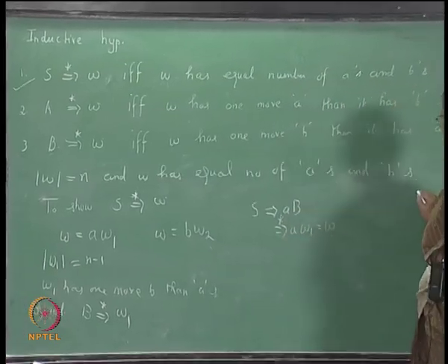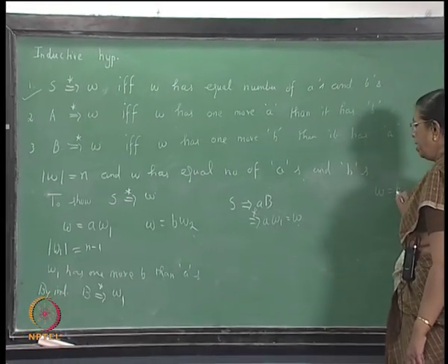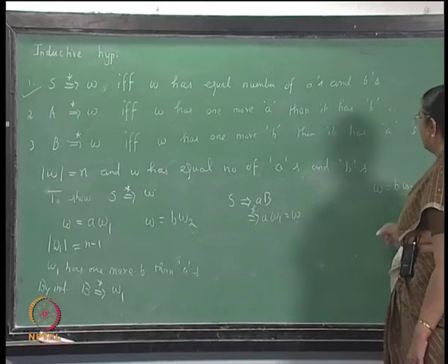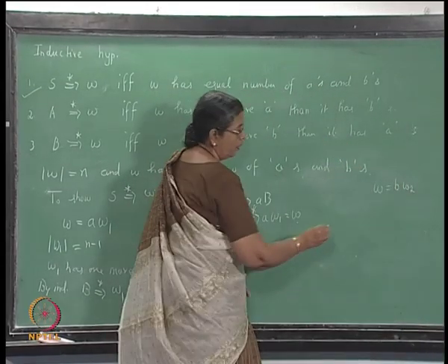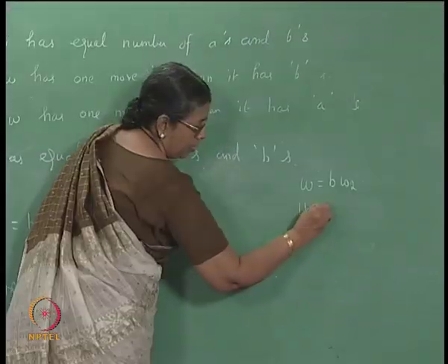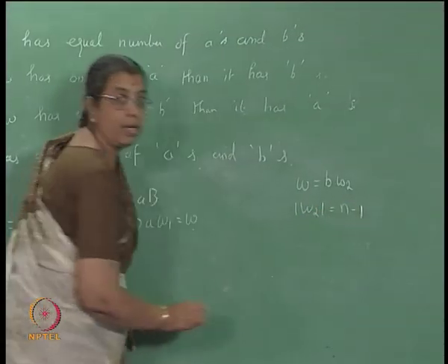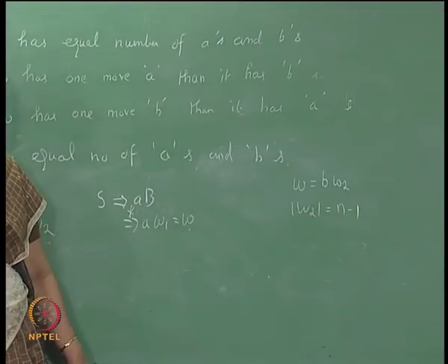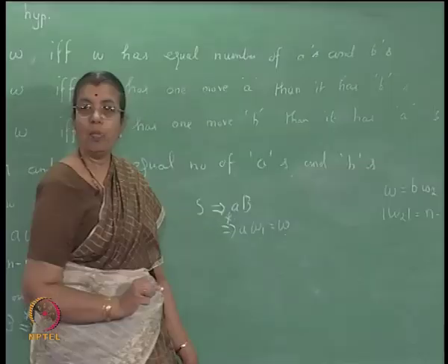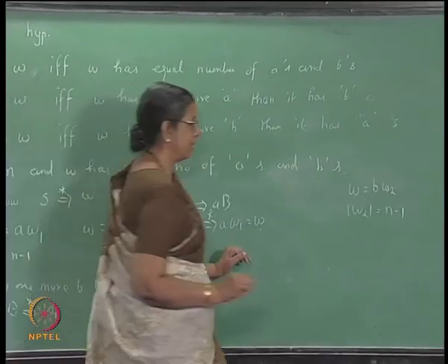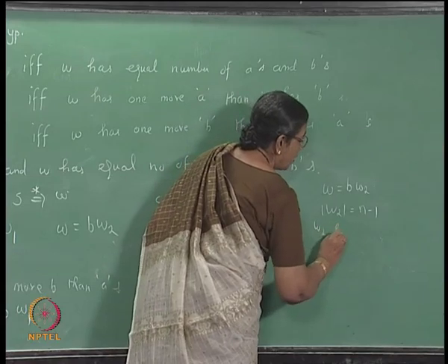Now, second case, take W equal to B W2. So, what can you say about the length of W2? The length of W2 is n minus 1, and W2 will have one more A than it has B's.